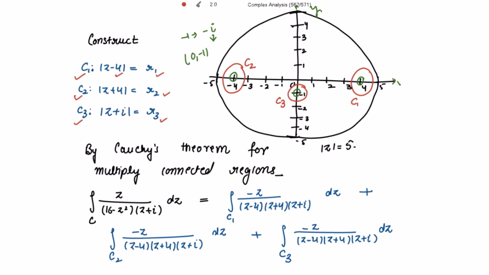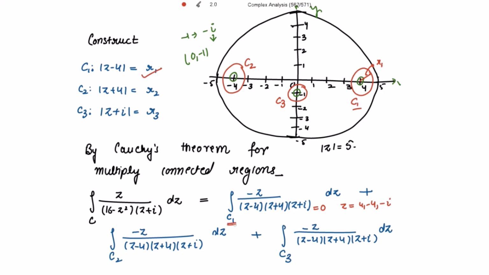So the C1 circle has center 4 and radius, let's say, R1, and similarly the other ones. We are going to use the concept of multiply connected regions. By Cauchy's theorem for multiply connected regions, the given integral is equal to the sum of the integrals over C1, C2 and C3. For the C1 circle |z − 4| = R1, when taking the denominator equal to 0, we get the points z = 4, −4 and −i.